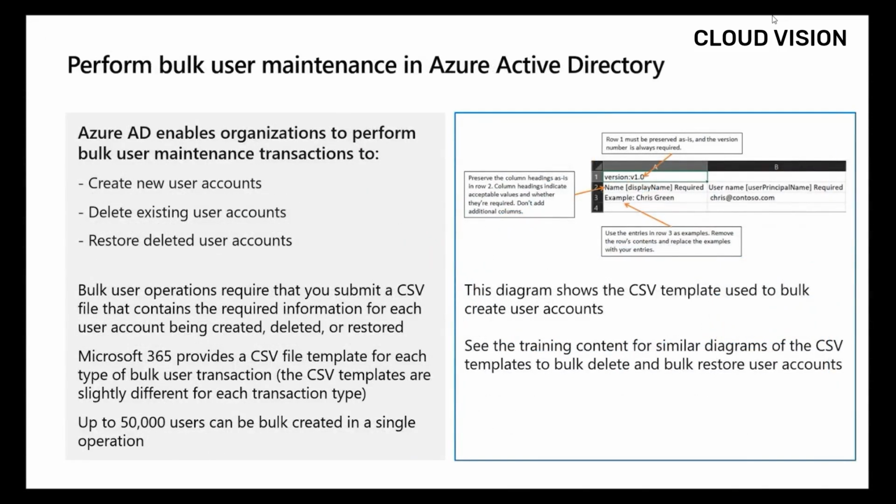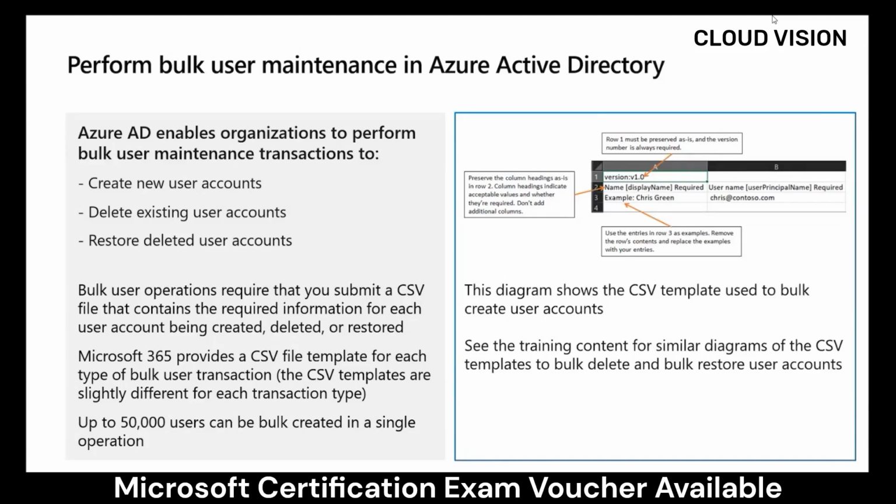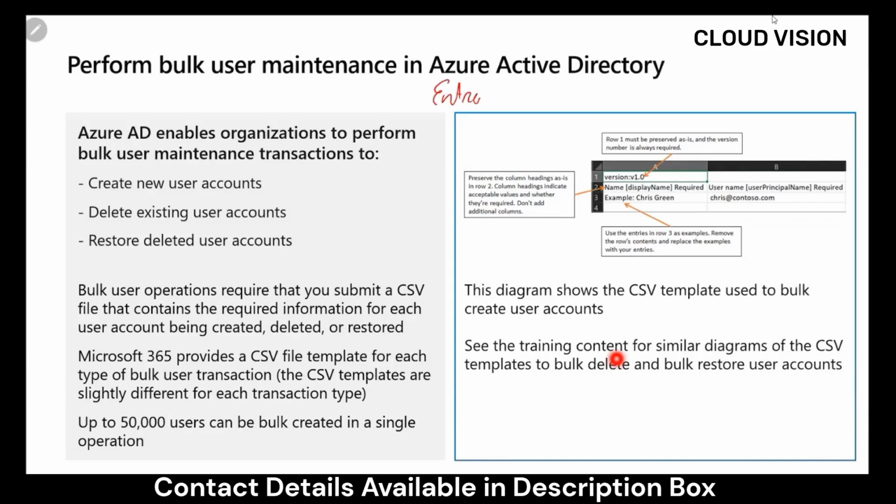Now, when you're managing single users or maybe multiple users at a time, the Microsoft 365 Admin Center is a great place to perform this activity. But when you're performing bulk user maintenance, that's where you can use the Azure Active Directory Admin Center, which is now referred to as the Entra Admin Center.